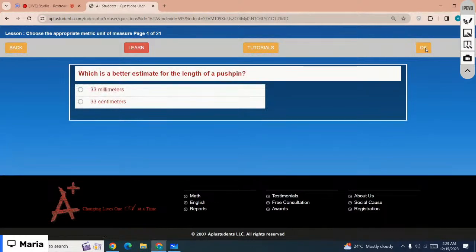Which is a better estimate for the length of a push pin? 33 millimeters or 33 centimeters?